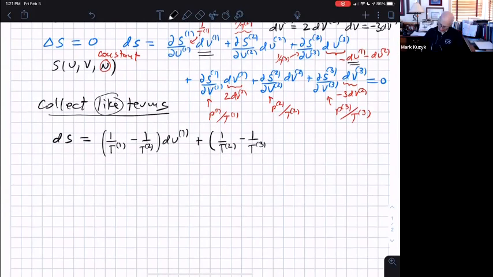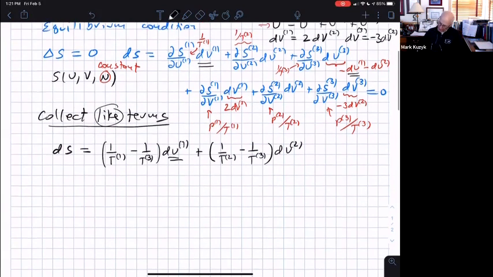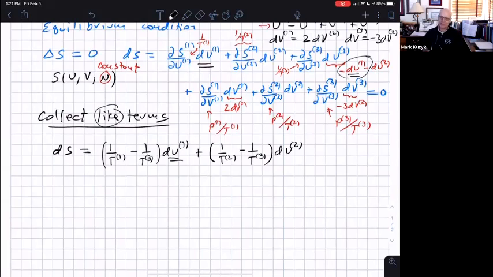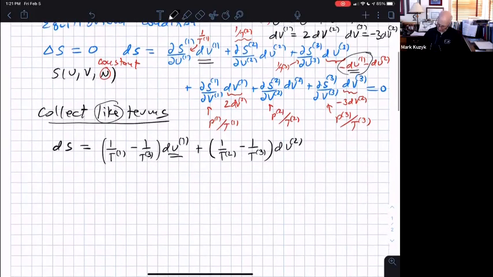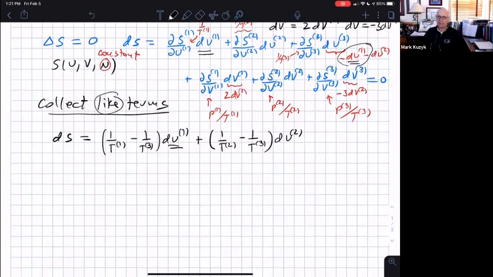Oh, and I already made a mistake here, but let me just finish writing this. So in this first term, this is a T3, okay? Because this dU1 we got from way over here. Good. And so that's all we have for the energy terms. We just have those two.